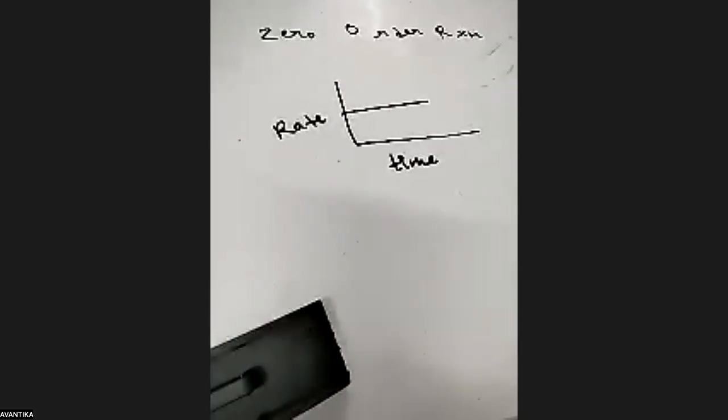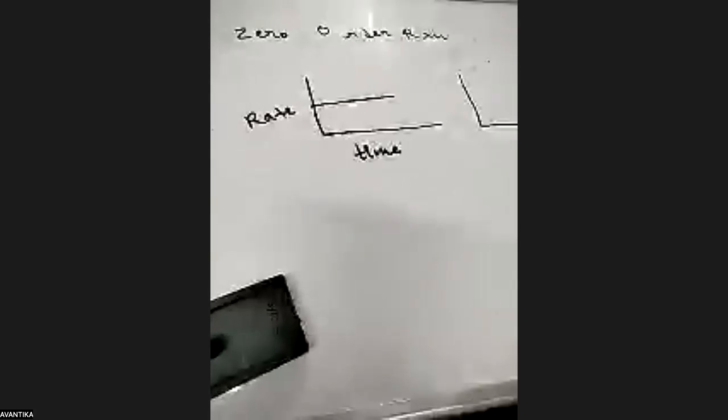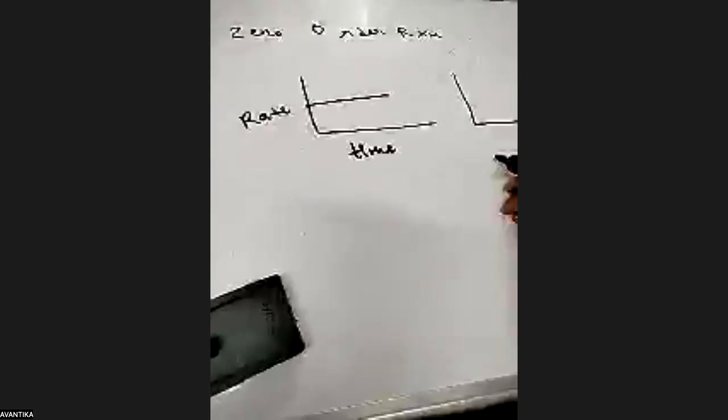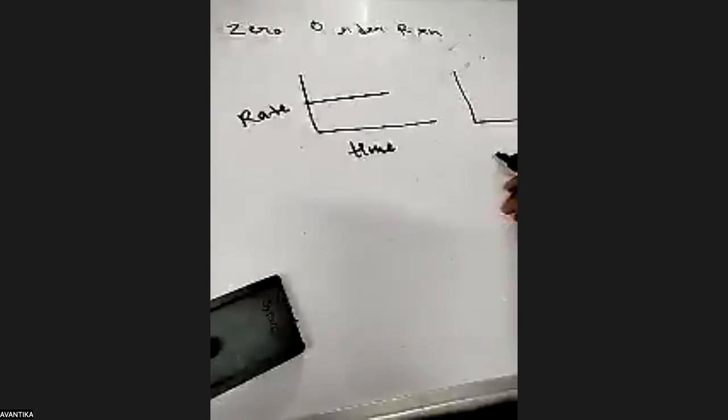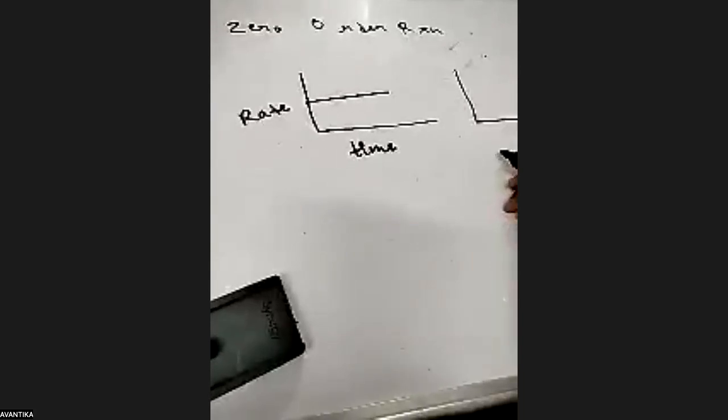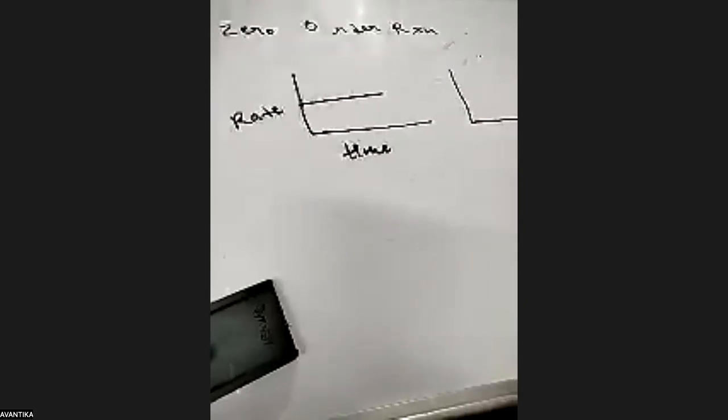For the concentration and time graph for zero order reaction, the expression is x is equal to kt, where x is a naught minus at.